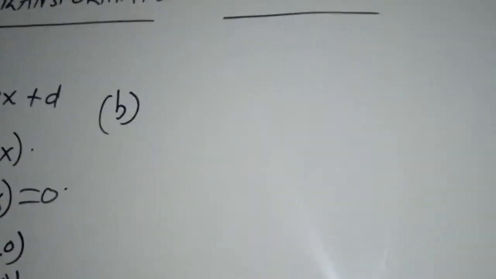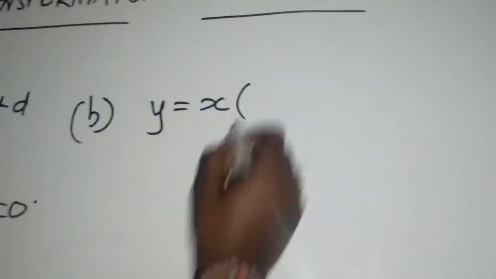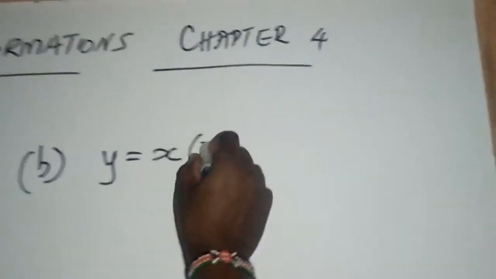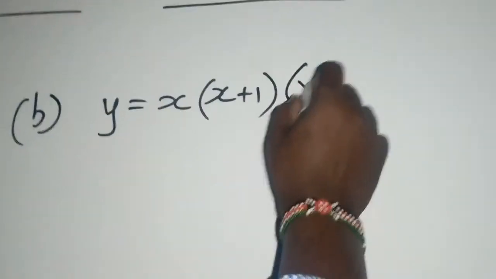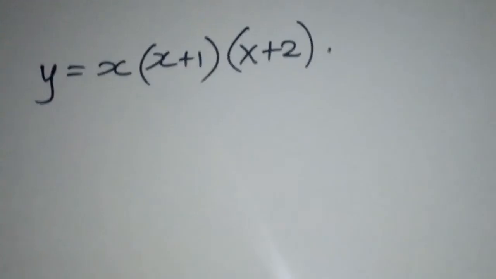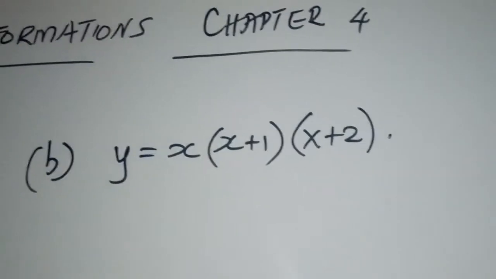But it is part B that we must concentrate on. It is part B that we must look at with a very keen eye. And part B is talking about y equals x, open bracket, x plus 1, x plus 2. Without further ado, you can already see the critical values.